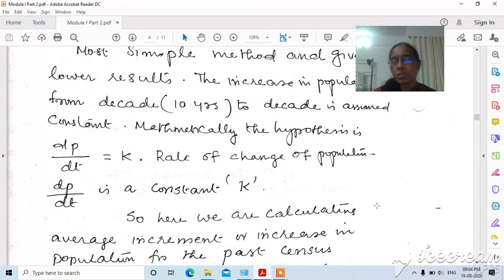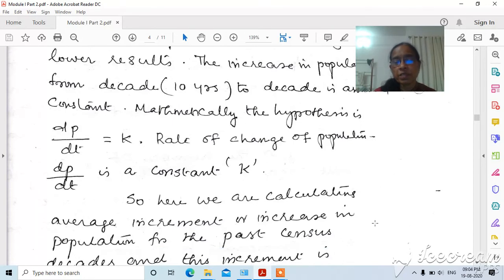We assume that the population is projecting at the same rate as what we observed in the first decade. It will increase in the same manner till the end period. That is the simplest method of calculation.